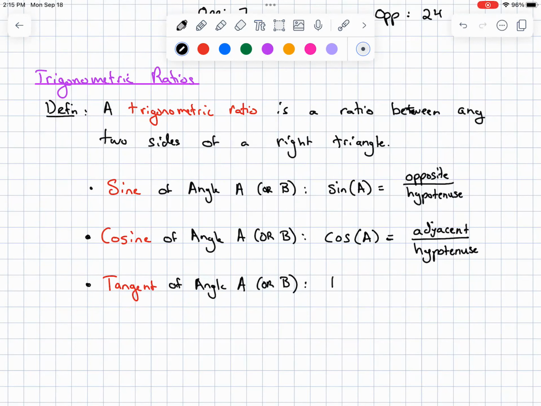It's tan of A, and it's going to be opposite over adjacent. So I hope you understand now why I was spending a little bit of time making sure we understood how to identify opposite and adjacent sides of an angle, because it matters which angle is in question.